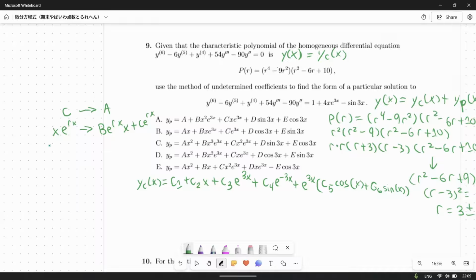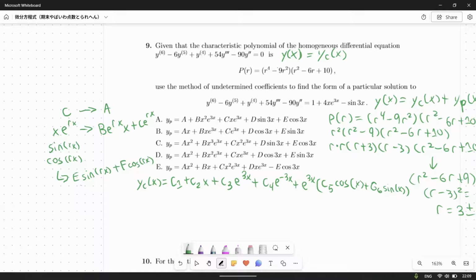And then if you see a sine of rx term, or a sine or cosine of rx term, then your guess is going to consist of an E times sine rx plus F times cosine of rx or something. And then similarly, if you see an e term attached to those sine or cosine terms, then you'd also attach an e to your guess.